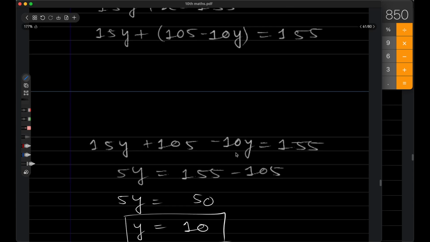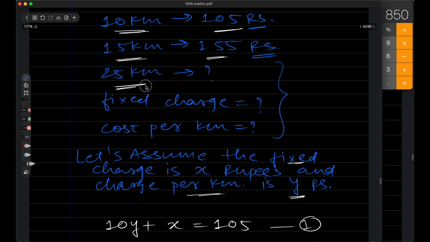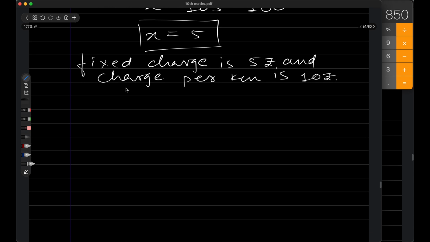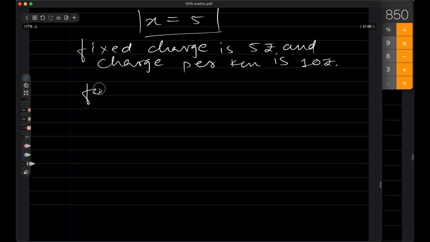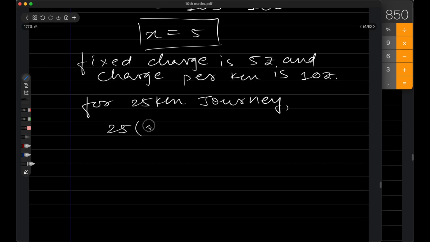Now we have to find the cost for 25 kilometer. So for 25 kilometer journey, 25 into the cost per kilometer, which is 10 rupees, plus the fixed charge that is paid, equals 5.